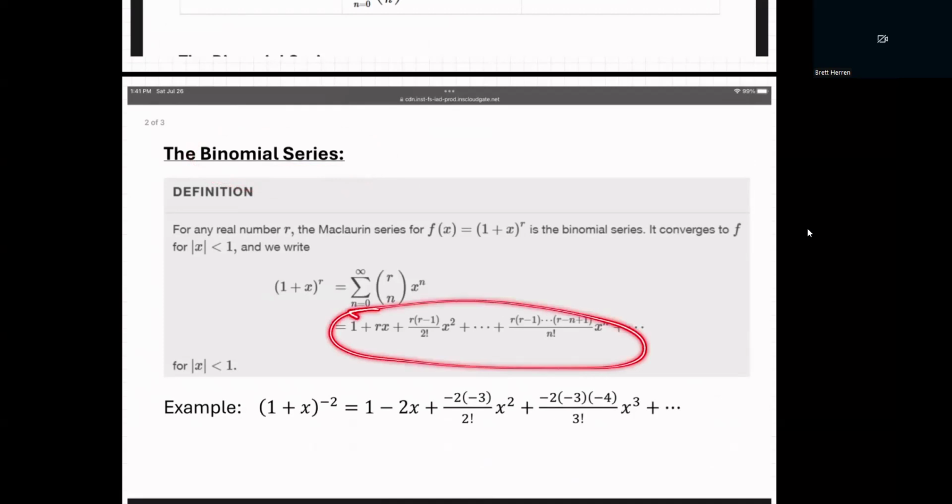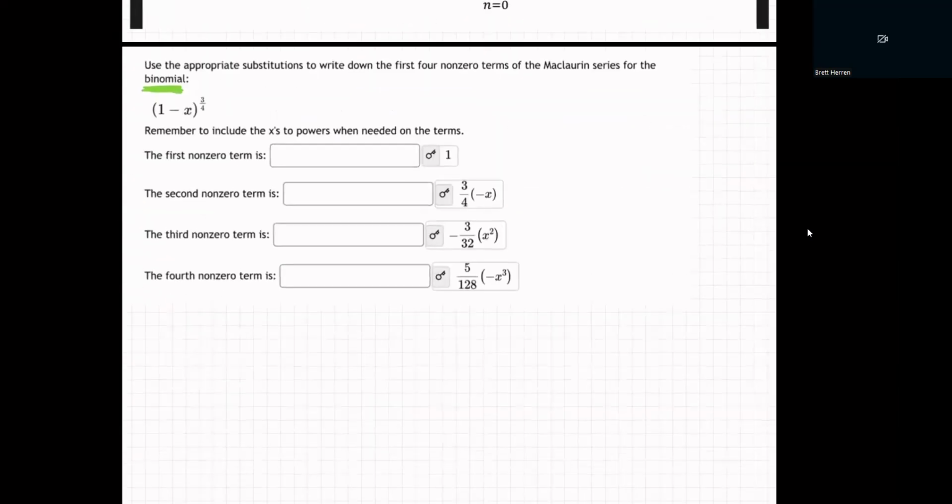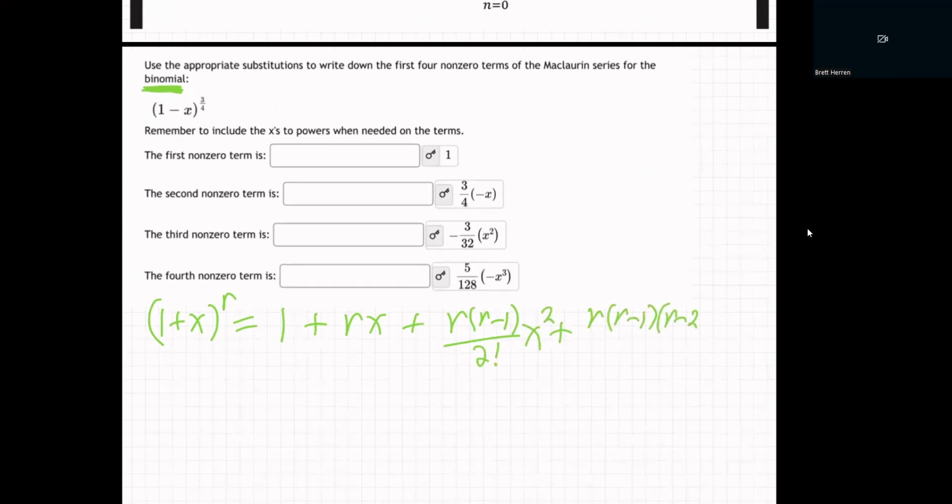Here's what I'm going to use in particular. If you have 1 plus x to the r power, where r can be anything, it's going to equal this. So I'm going to write that down. 1 plus x to the r is equal to 1 plus rx plus r times r minus 1 over 2 factorial x squared plus r times r minus 1 times r minus 2 over 3 factorial x cubed plus dot, dot, dot.